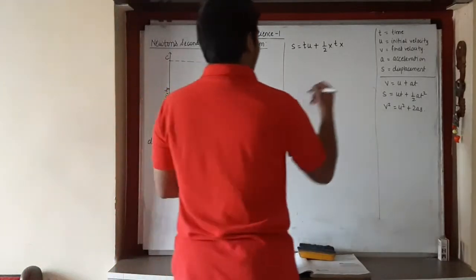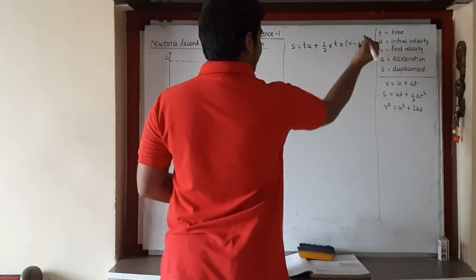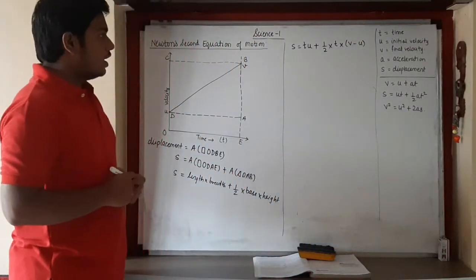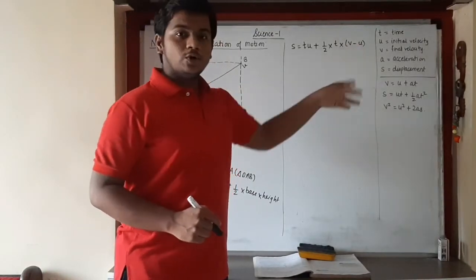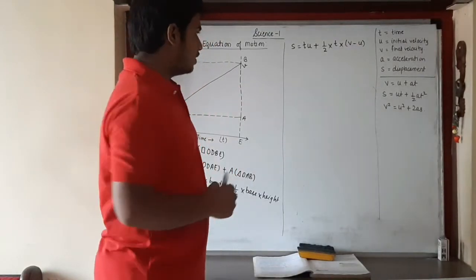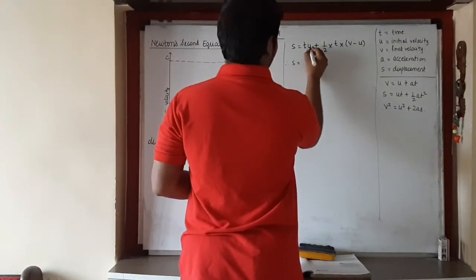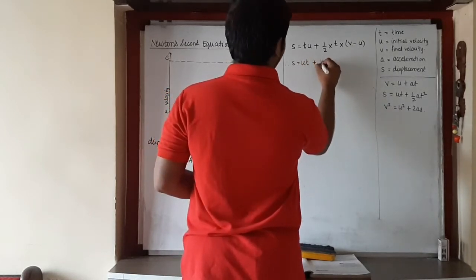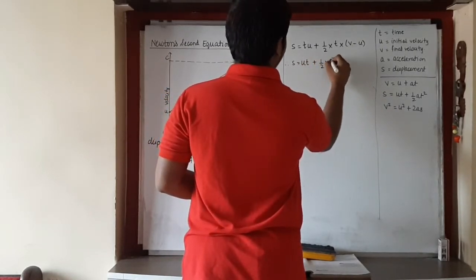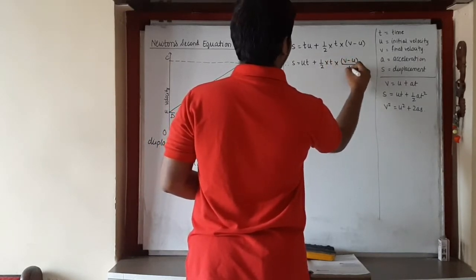So what we will write here is v minus u, because v is the greater number and u is the smaller number. Now we know that v minus u upon t could be substituted by acceleration. So let us do it. Therefore s equals, let us write tu as ut as we require it in our equation, plus half into t into v minus u the whole divided by t.